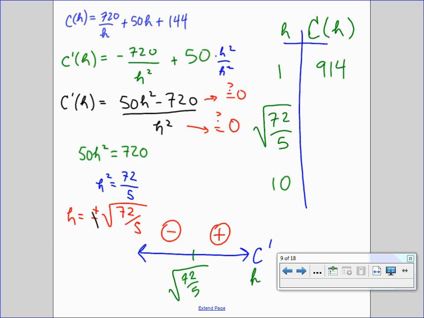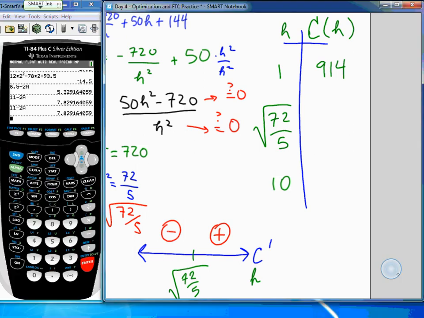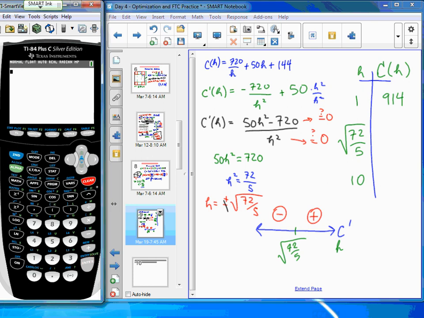You guys can check. When I plug in root 72/5, that's where the excitement begins. I don't know what happens with root 72/5, so I'm giving up on that. If I enter it into my calculator, I'll get 720 over alpha A plus 50 alpha A plus 144.